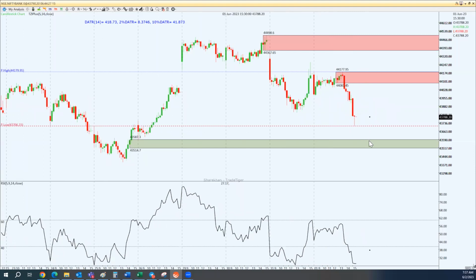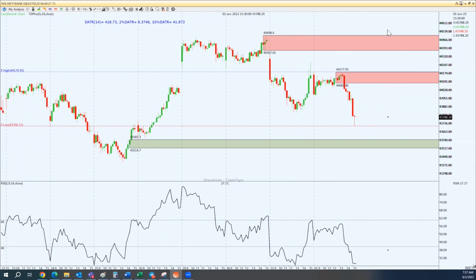So if you see the market coming to the 43,580 levels, this is where we can enter long, and this is the area around 44,080 where we can look to short with this stop loss, and the second level is this. So if it stops you out, wait for it to come till here. This is where we can try to short one more time.